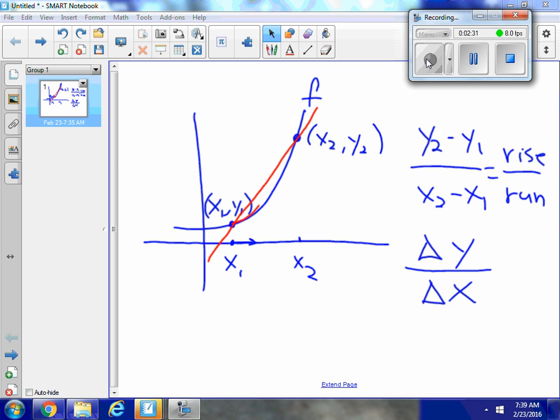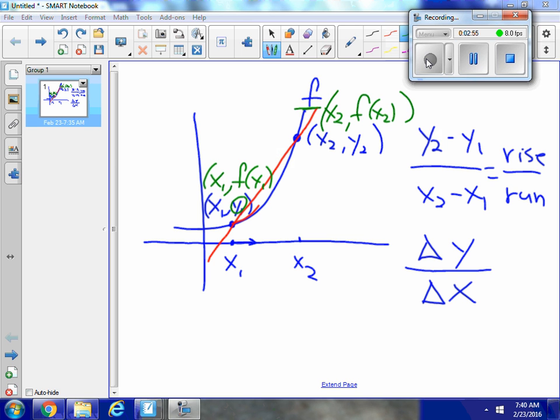Well, I'm going to make a couple of changes here. Instead of calling this y1, since my function is f, I'm going to call this x1, comma, f of x1. And I'm going to call this x2, comma, f of x2. So this is using our function notation to indicate that to get a y value, I take an x value, plug it into the function, and I get a y value. And then I'm going to change it even a little bit more.